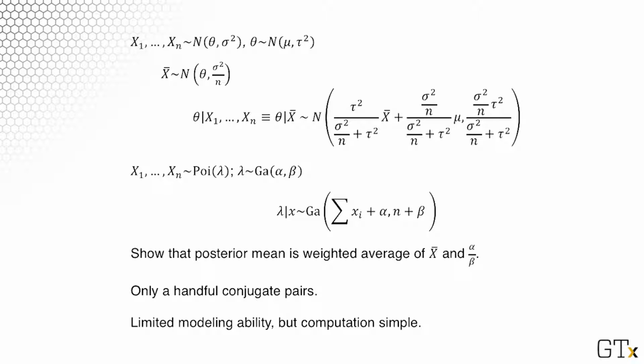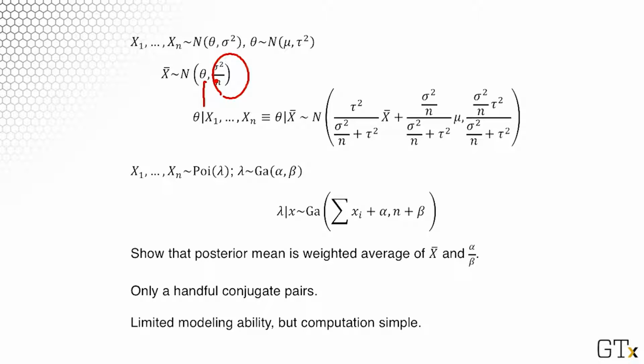Because of the sufficiency principle, it is sufficient to incorporate data via x bar. Instead of considering every single x, we take the distribution of x bar, and this normal distribution of x bar retains the same location, theta, but the variance is divided by n. That is a property of the normal distribution.